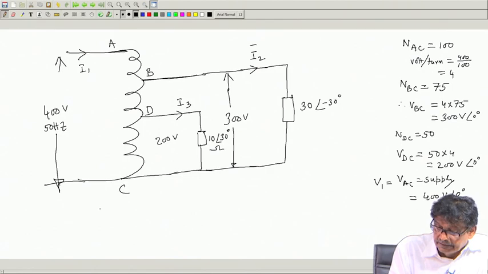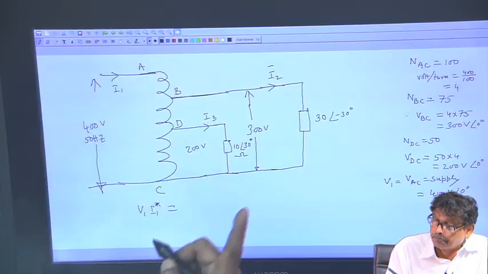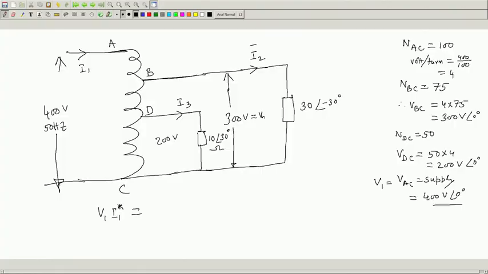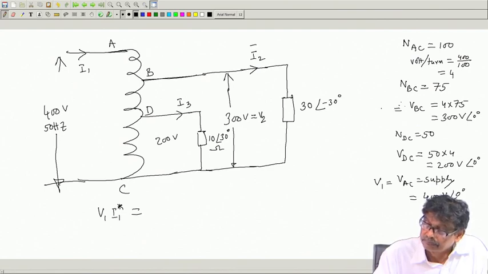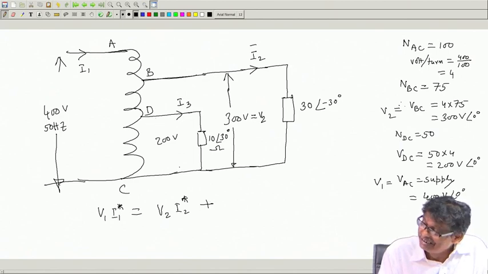So, I will say that V 1 I 1 star, the total complex power absorbed through the terminals AC, must be equal to, suppose I call this V 2, V 2 I 2 star, plus V DC, suppose I call it V 3, V 3 I 3 star.